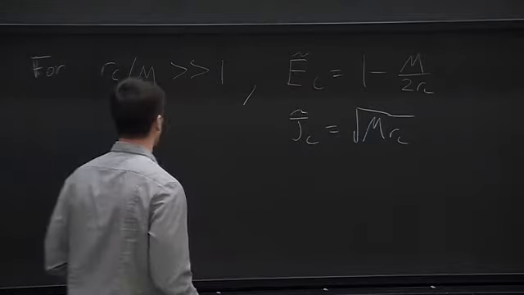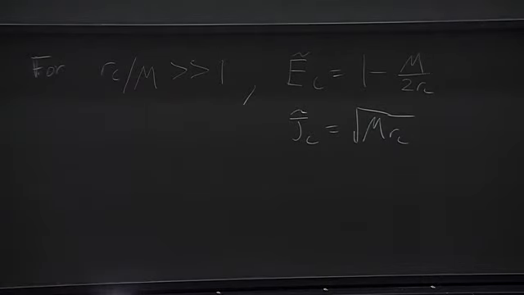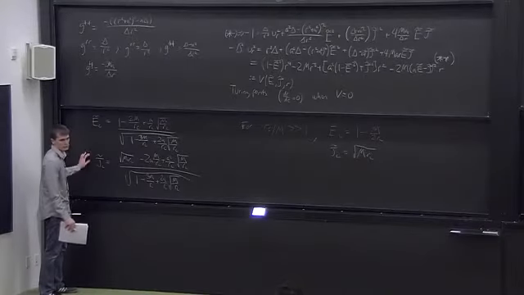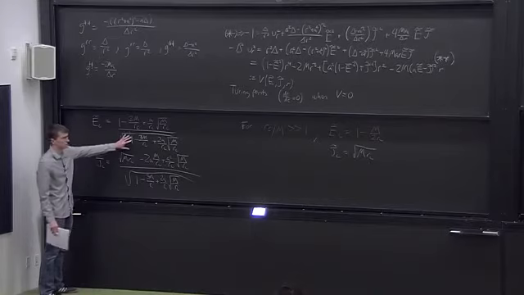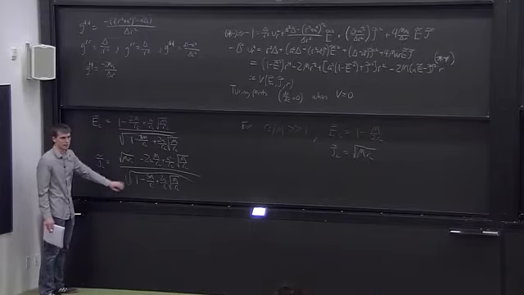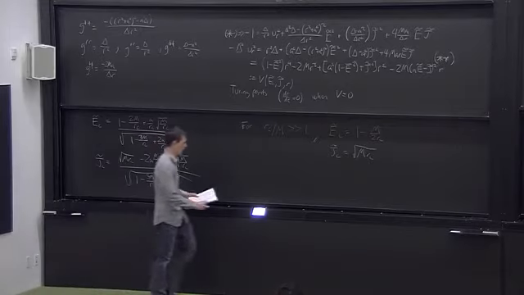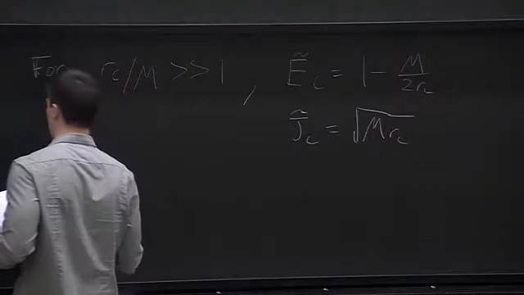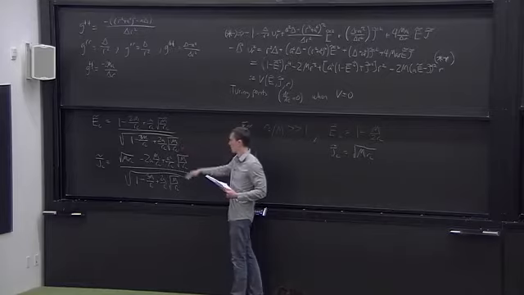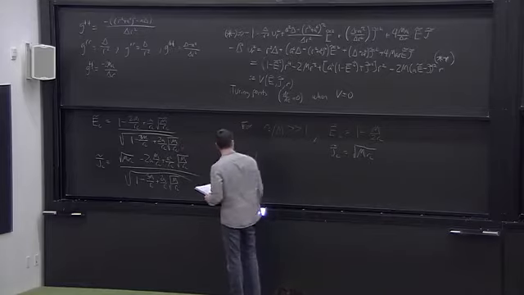But we should also note that these two terms will blow up when this denominator becomes 0, right? And these denominators are the same, right? So they blow up at the same radius.